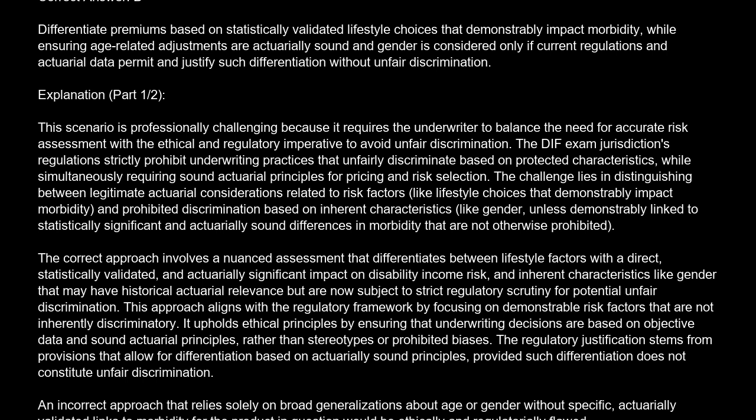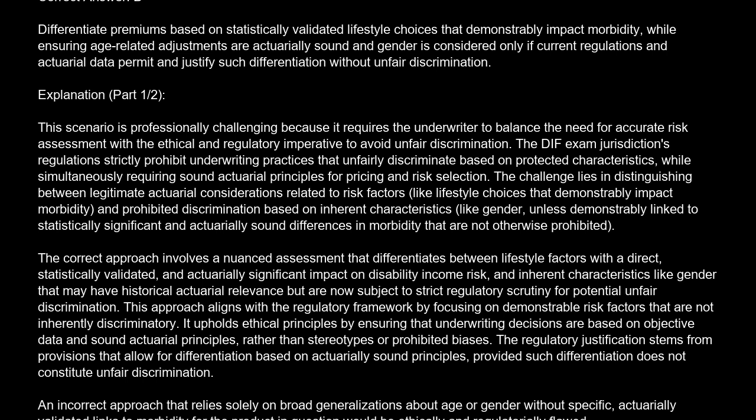This approach aligns with the regulatory framework by focusing on demonstrable risk factors that are not inherently discriminatory. It upholds ethical principles by ensuring that underwriting decisions are based on objective data and sound actuarial principles, rather than stereotypes or prohibited biases. The regulatory justification stems from provisions that allow for differentiation based on actuarially sound principles, provided such differentiation does not constitute unfair discrimination.